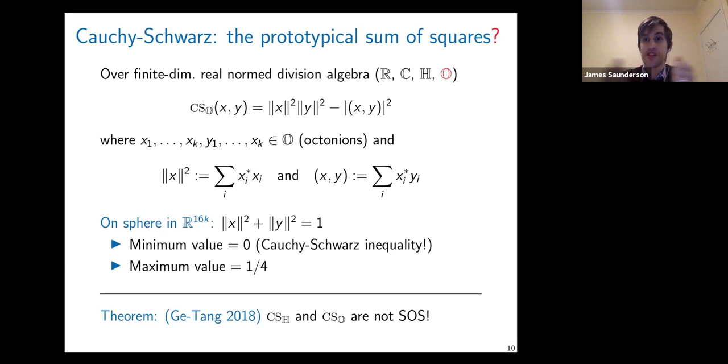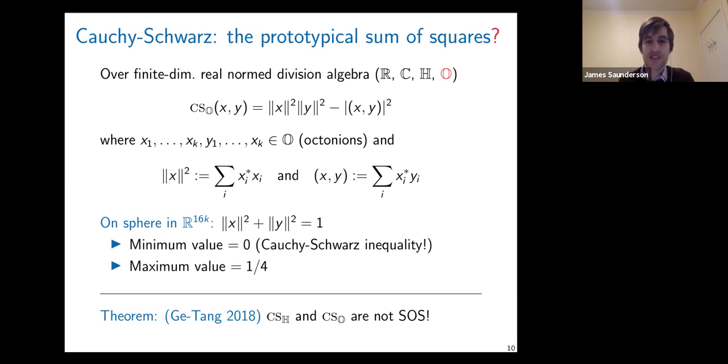It's really just the sum of the squares of the coefficients. And there's this octonionic bilinear thing where you take the sum of x_i conjugate times y_i. So the first quantity is a real number, the norm of x squared, and the bracket of x and y is an octonion. So this gives me some generalization of the Cauchy-Schwarz form.